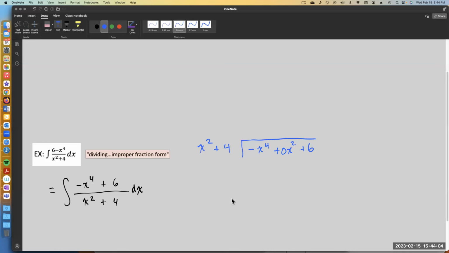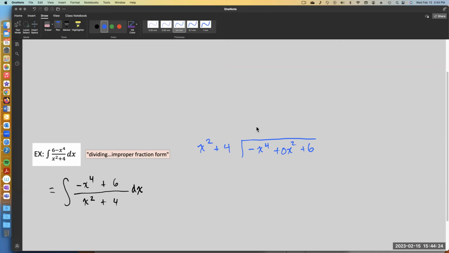So the first step is to try to match this negative x to the fourth. So we want to put something up here that when multiplied by x squared gives us negative x to the fourth. Negative x squared.